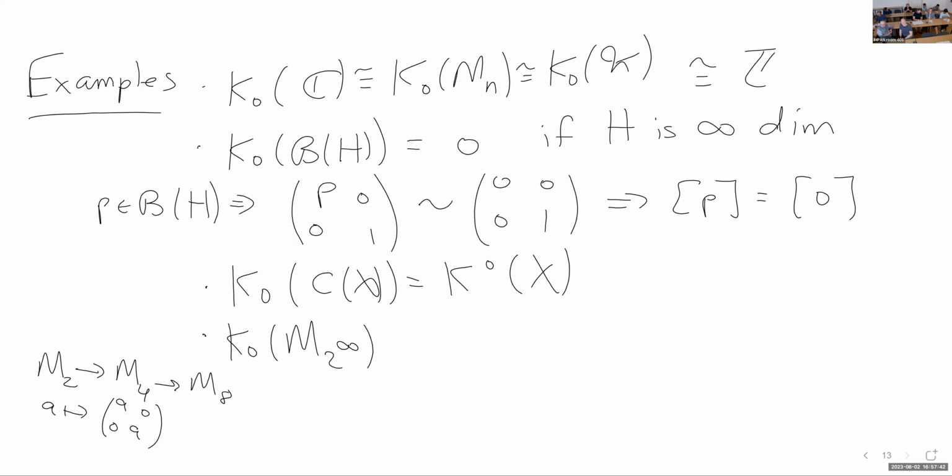So by continuity of the K0 functor, K0 of this inductive limit is the inductive limit of the K0s. So it's the inductive limit of the sequence where at each stage it's Z, and each connecting map is a multiplication by 2 map.